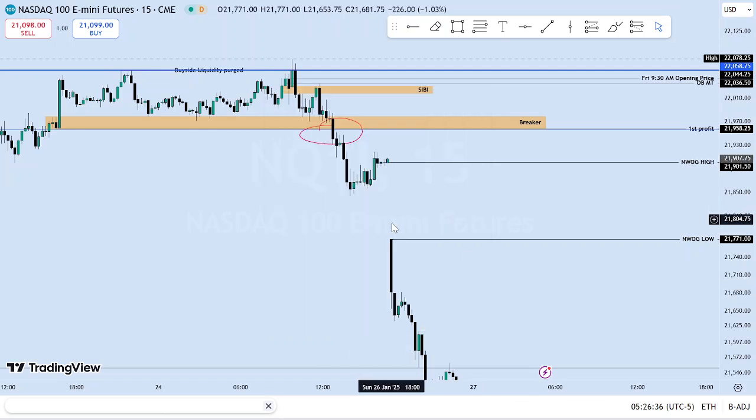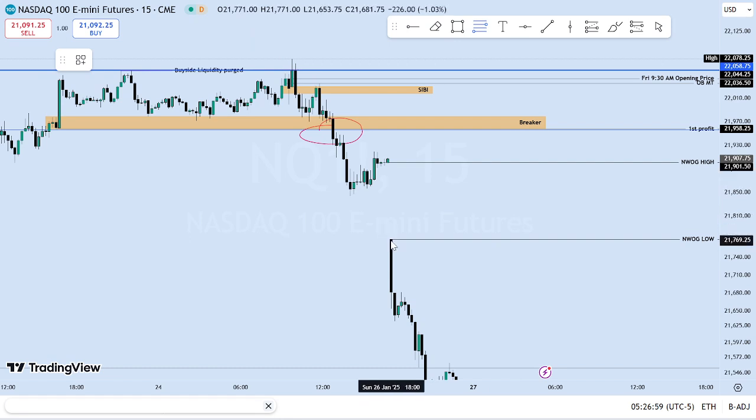As it stands now, it's an inefficiency, it's a void. You can see there is a space there, a gap. There's no candle between them. It's a void. So to get the 50% of it, use your Fibonacci.